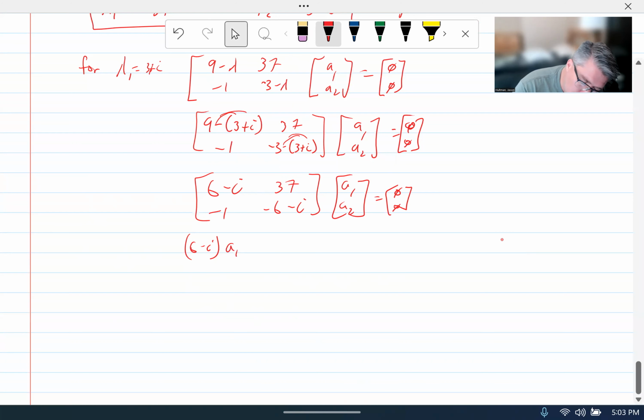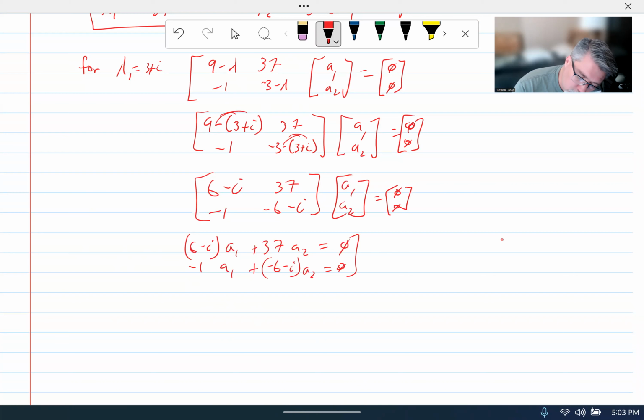6 minus i, a1 plus 37 a2 is equal to 0. Okay. And negative 1, a1 plus negative 6 minus i, a2 is equal to 0.